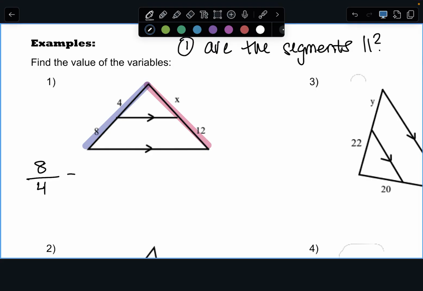So that comes from the blue side. And now I need to grab my parts from the pink side. If I put 8 on top, what needs to go on top from the pink side? 12, the thing directly across from it. So 12, just like they're directly across from each other in the equal sign in our proportion. So 12 has to go on top, and my other part is x.